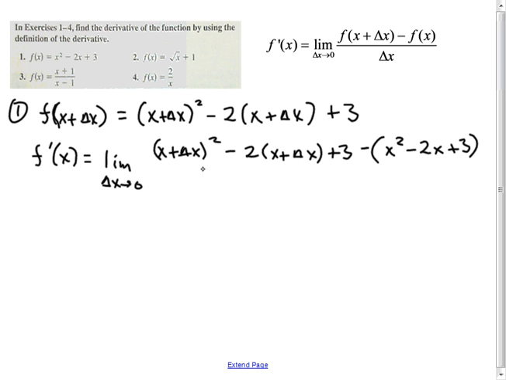Make sure you put your f of x in parentheses so you can distribute that minus sign through there. And that is all over delta x.